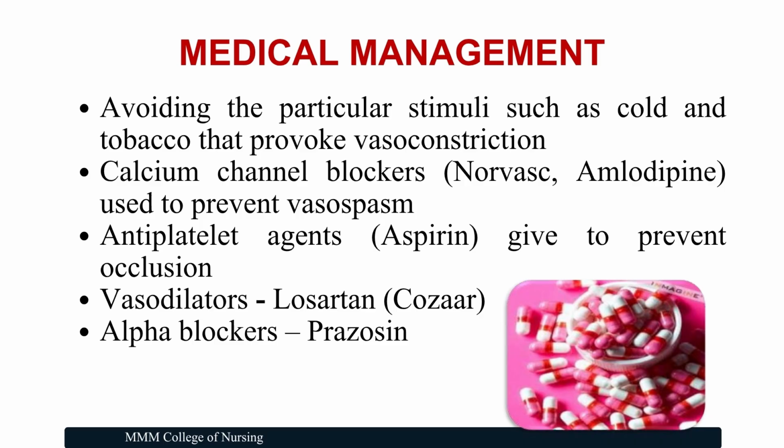And next, vasodilators. An example is isosorbide. It helps to dilate the blood vessels and improve circulation to the extremities. And the next drug is alpha blockers. An example is prazosin. It blocks the receptors that are responsible for triggering vasoconstriction. Okay, so this is about medical management.